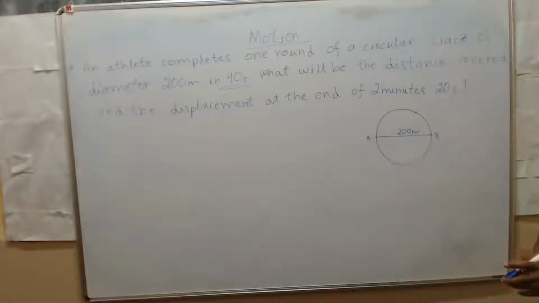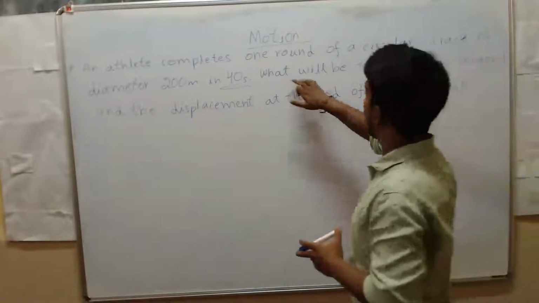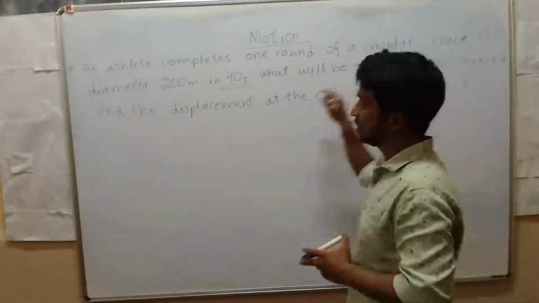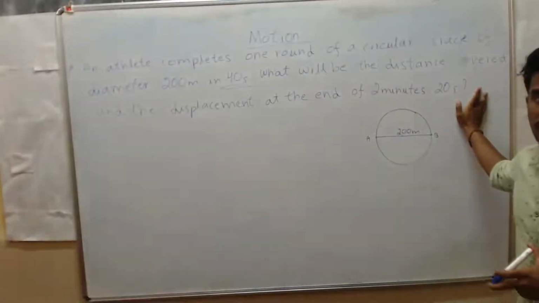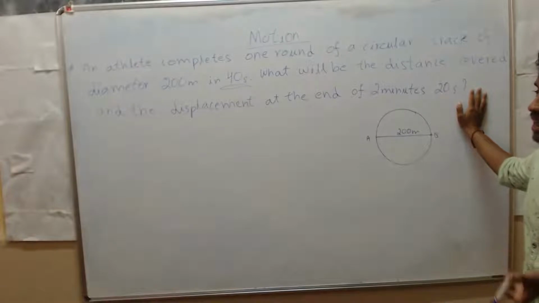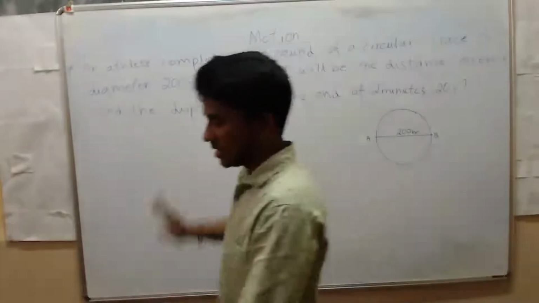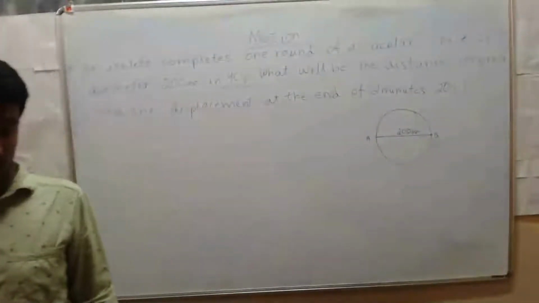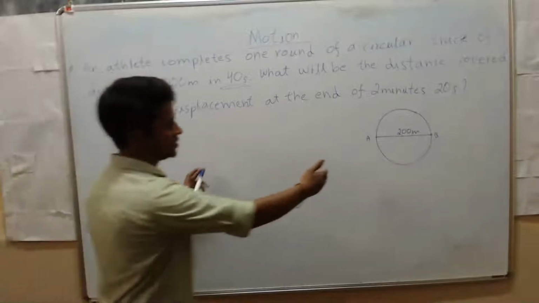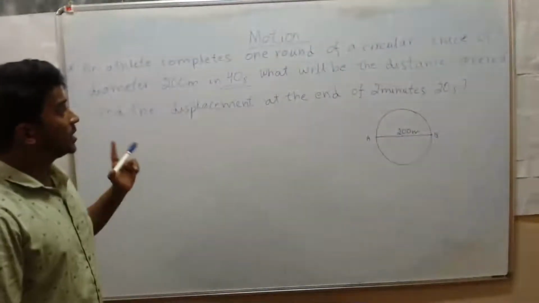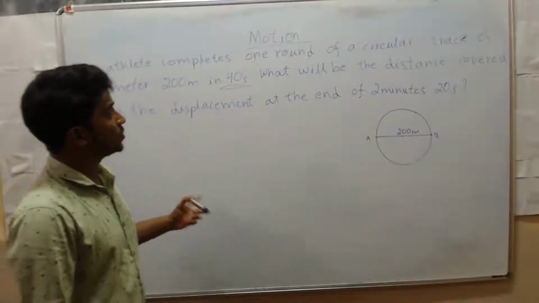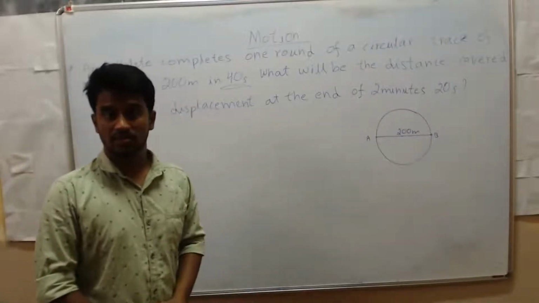So here, what is the question? They ask, what will be the distance covered and the displacement at the end of 2 minutes 20 seconds? If the question were at the end of 40 seconds, we could calculate easily, it means one round. But here we need it at the end of 2 minutes 20 seconds.